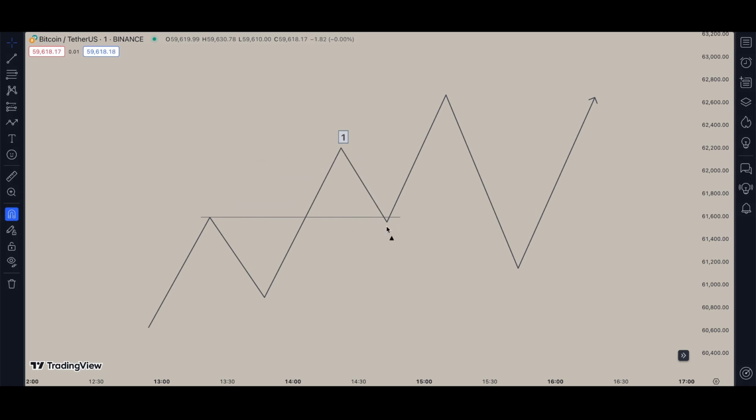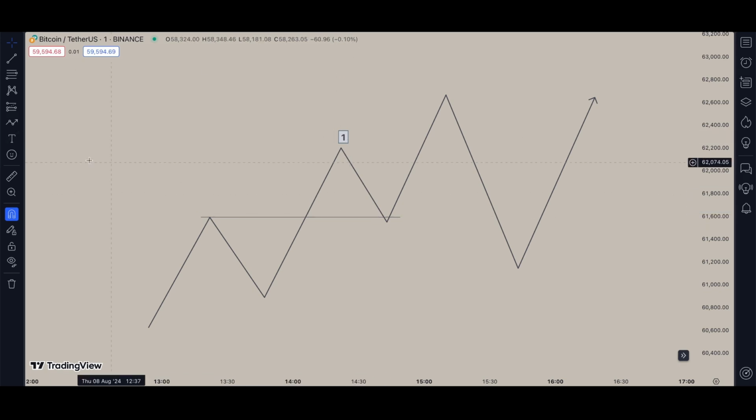So once price is below this level, we're going to wait for it to go back up and take out the recent high that it put in, which is #1. So we're going to wait for price to take out 1, which it does over here. So as soon as price goes above or touches this level, this low that it put in is confirmed as #2.